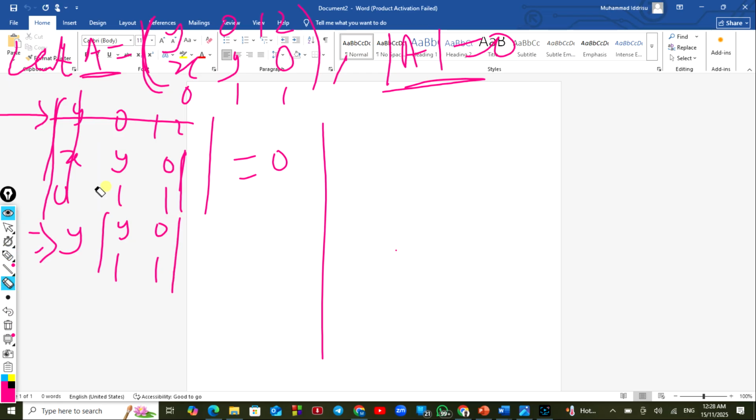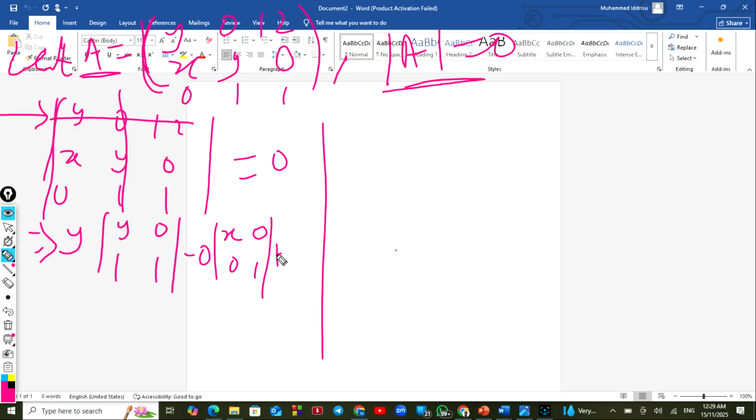I'll do the same to the 0. They are all in the same row, but the column will be changing. This time we are deleting the second column, so minus 0 multiplying the determinant of x, 0, 0, 1.